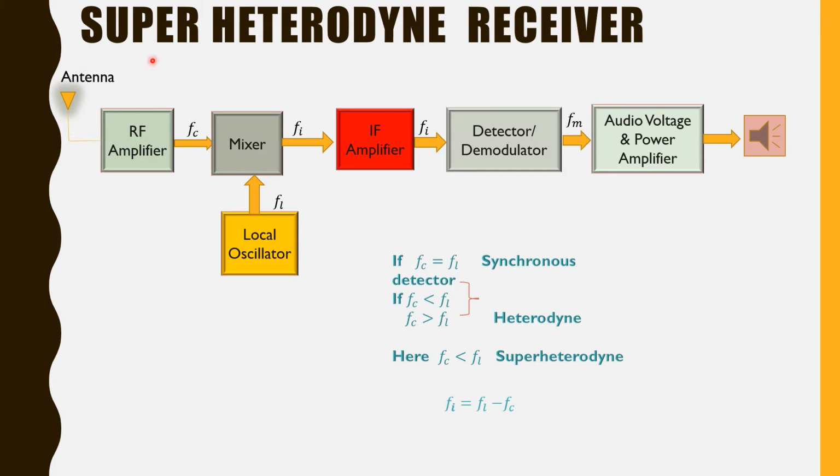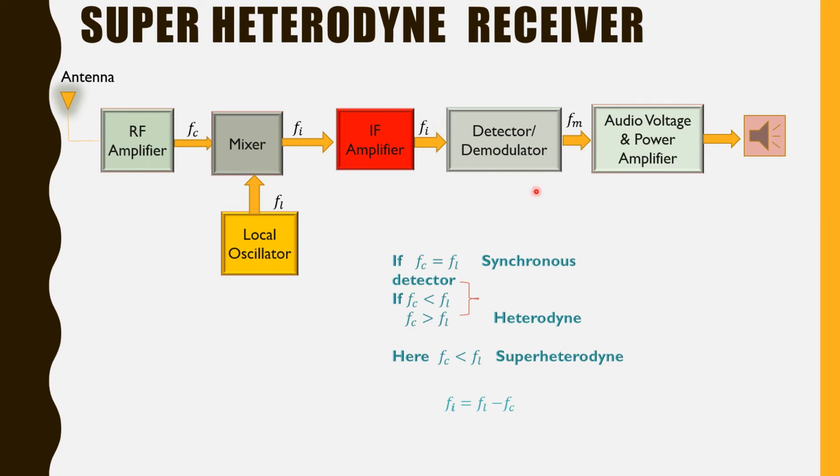Whatever is the incoming frequency, same frequency will be available here always. Since it is easier to design an amplifier of fixed frequency, it increases selectivity of our amplifier. So we generally maintain 455 kilohertz as the intermediate frequency in case of superheterodyne receiver.